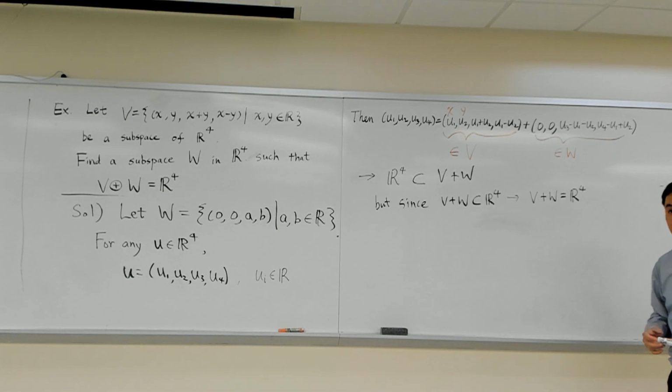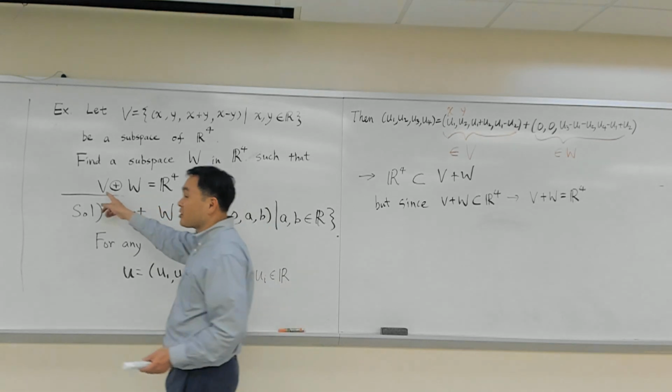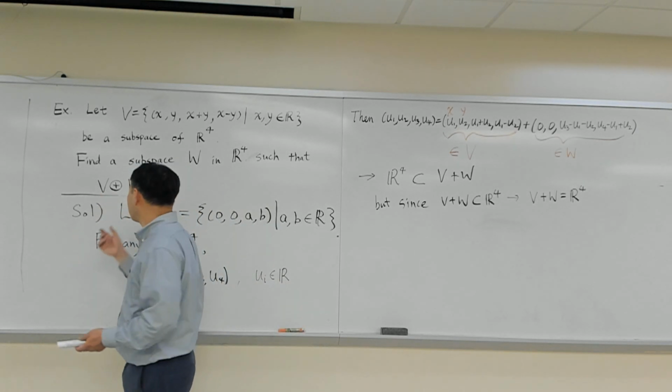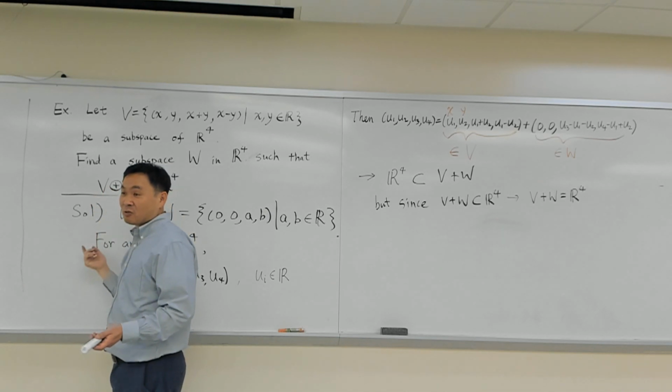Then V intersection W is 0. To show that it's a direct sum, for two subspaces, it's good to just say that the intersection is 0, right?